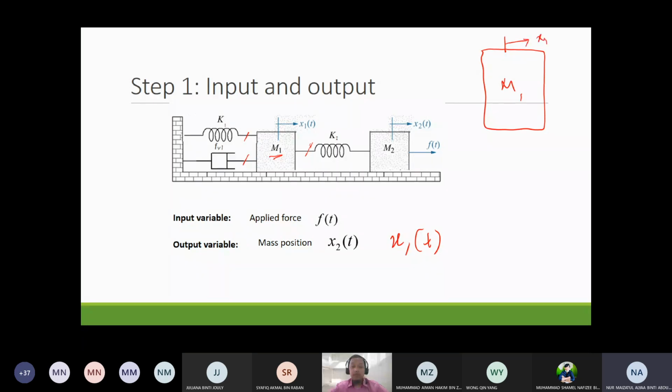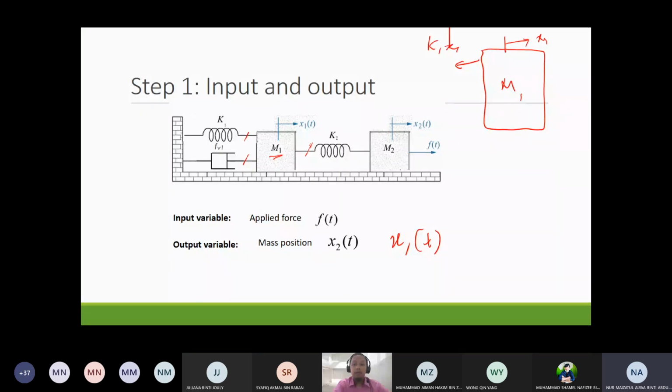Okay, so the forces from the spring and damper and also the inertia will try to resist the motion of M1. Okay, so M1 is moving forward because of this sign here, X1. So the direction of X1 is going forward. So the forces from K1, FV1, and K2 will be backward because they try to resist the motion of M1 from going forward.